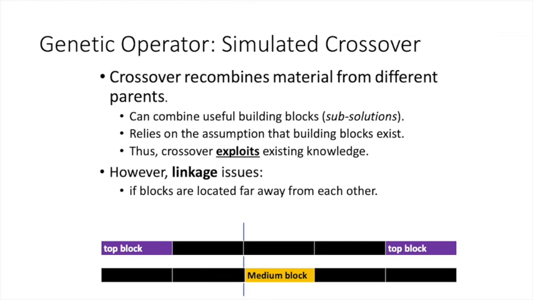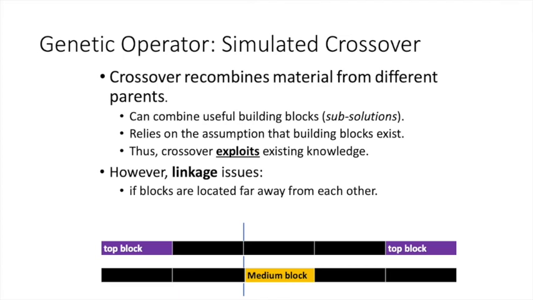Now, if we use one-point crossover, that means we randomly choose a crossover point as we have selected here, and then we swap the material to its right side. Now, do you think as a result of this, the top guy will gain or lose? Pause the video here and think about it.